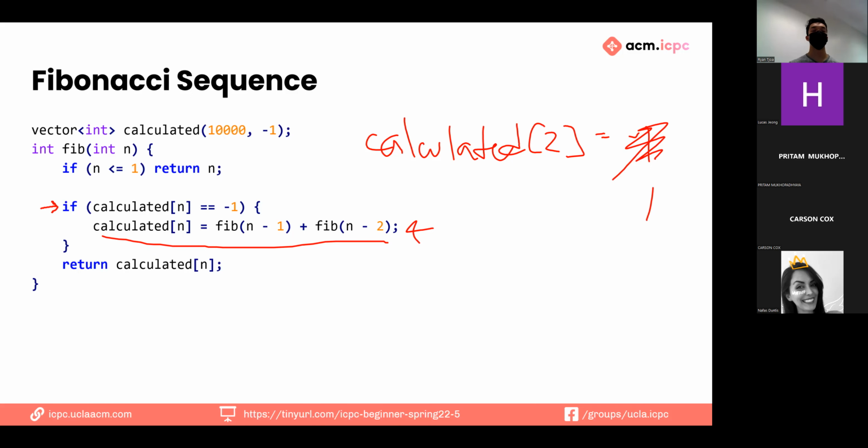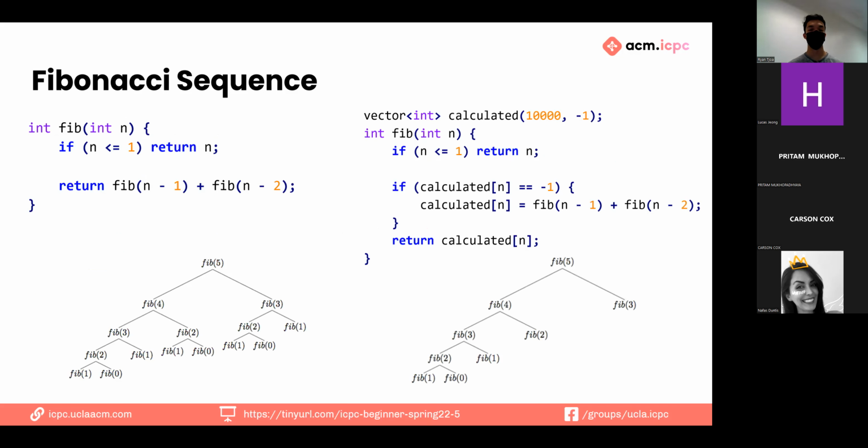So then the second time we call Fibonacci of 2, we'll find that calculated of 2 is not -1, so we don't have to do this computation, and we'll just return 1. And if we look at the call tree, we'll see that we do in fact prune off our repeated work.